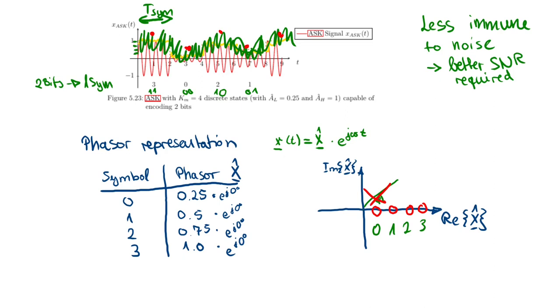Only the amplitude. So this is because we are still doing an amplitude modulation. In the next video we modulate the phase, and we will come back to this phasor representation.